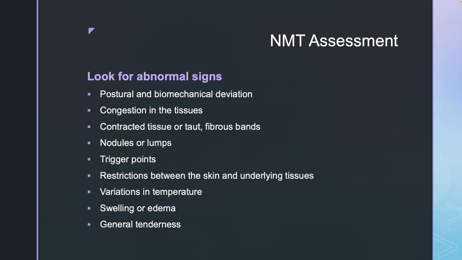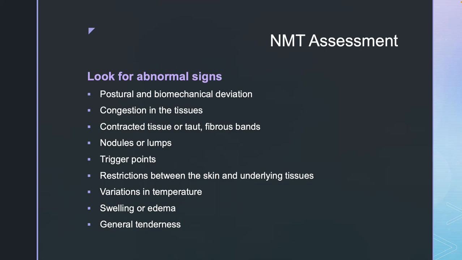Other signs to look for that are abnormal would be congestion in the tissues. So as you learn to palpate a little bit better, you'll be able to tell between two sides when there's what we would call congestion and when there isn't. What I consider congestion is the tissue seems a little larger, warmer, more inflamed feeling.